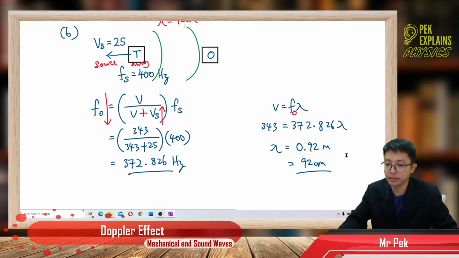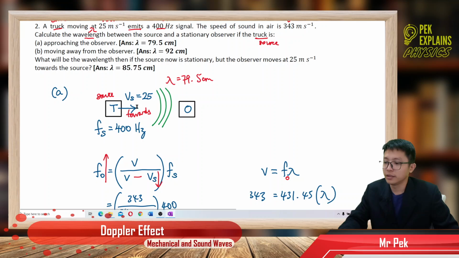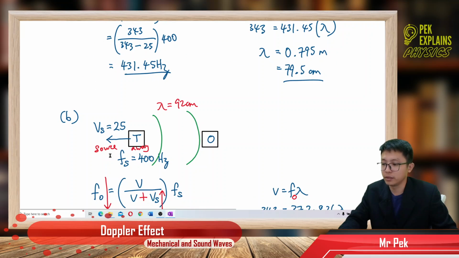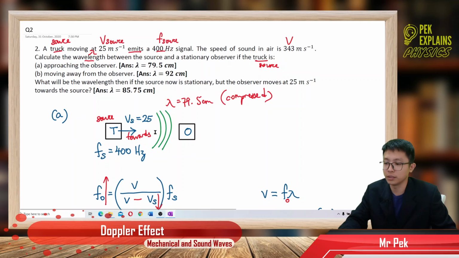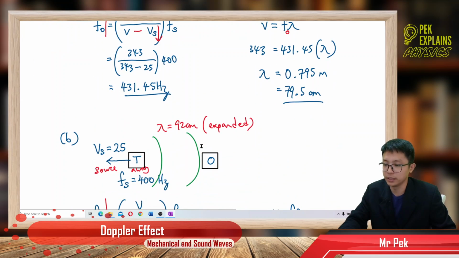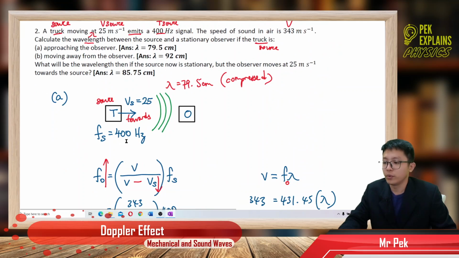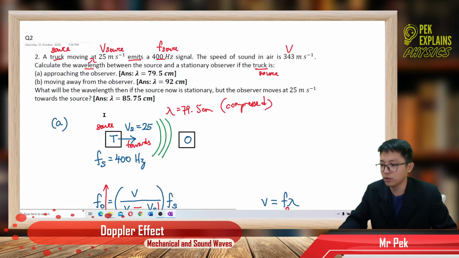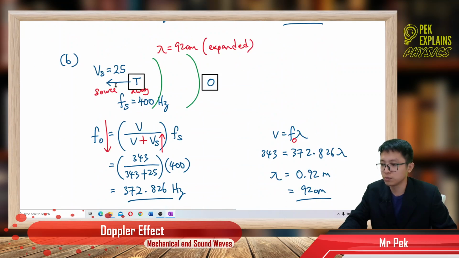You see that? When the source is moving towards, the wavelength is compressed, but when the source is moving away, the wavelength becomes expanded, longer.